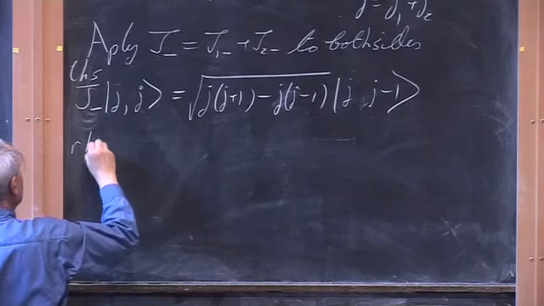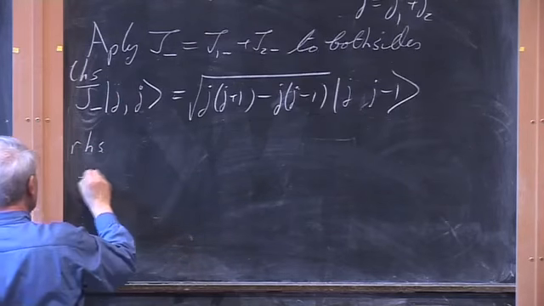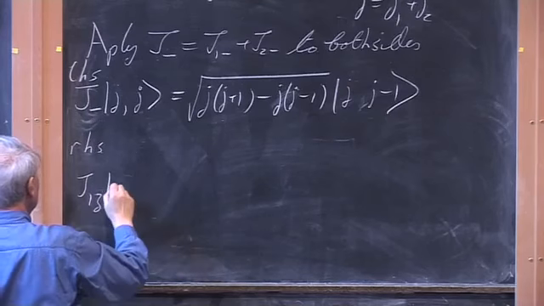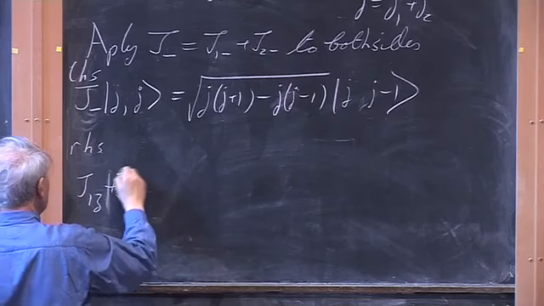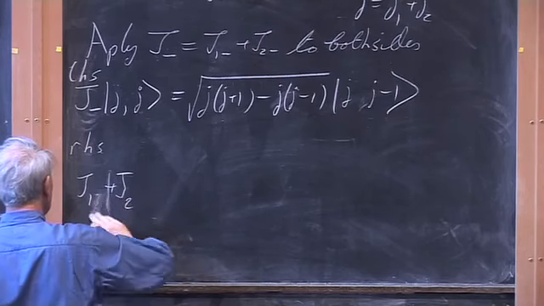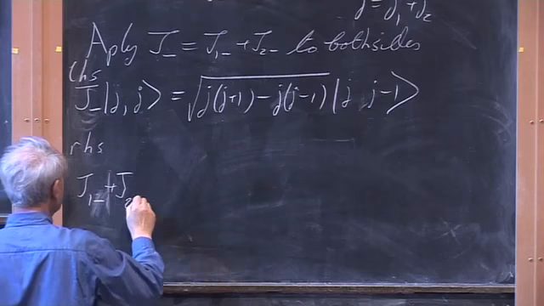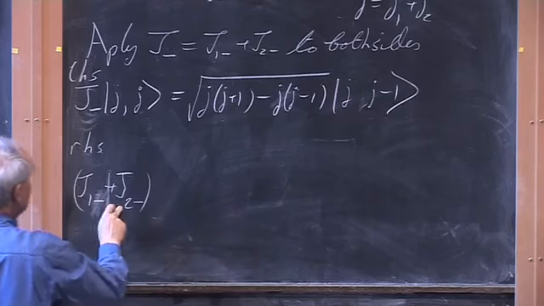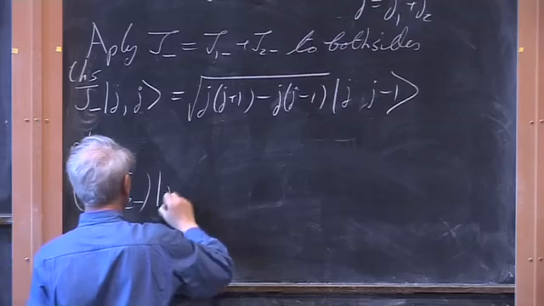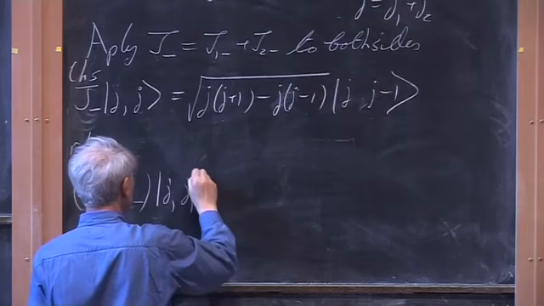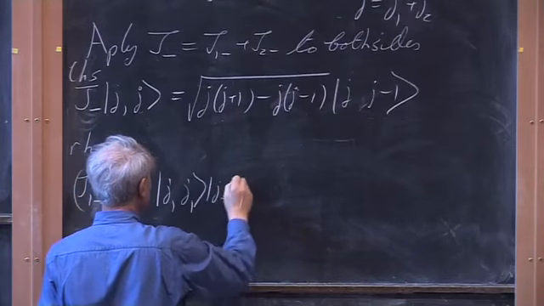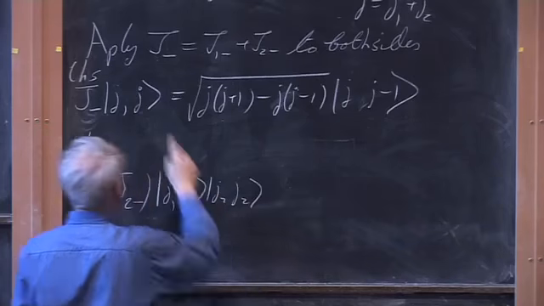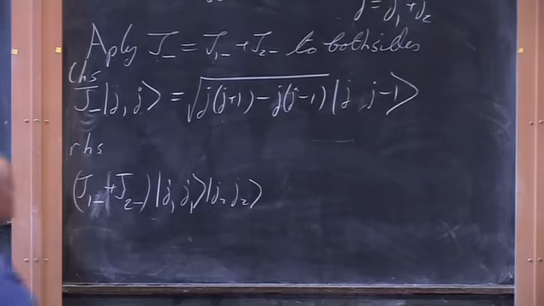On the RHS, we have J1 minus plus J2 minus. This sum is the same as this, operating on |j1, j1>|j2, j2>, which we've proved is the same as this. What does that give me?